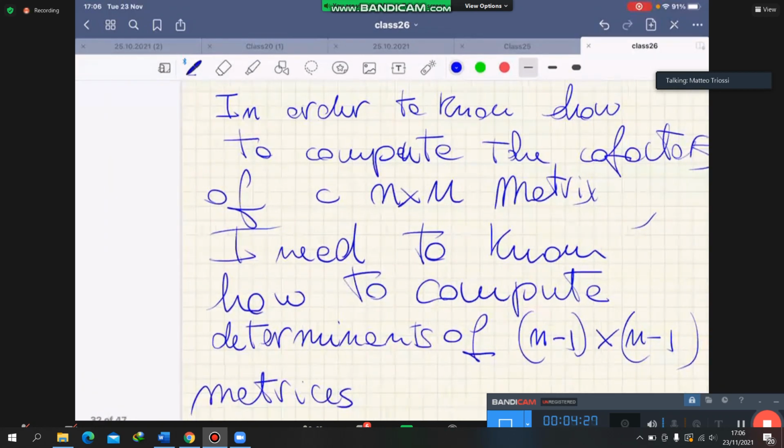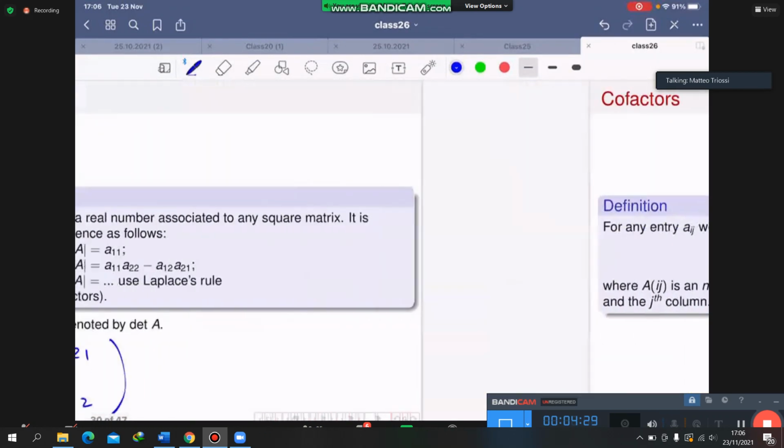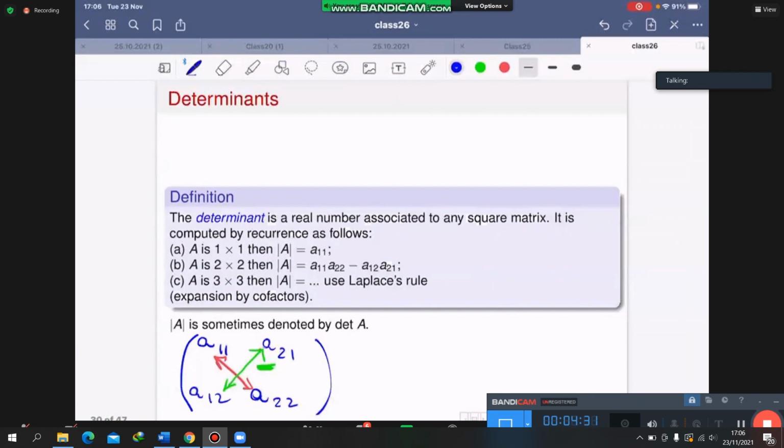It's why I started giving this definition.